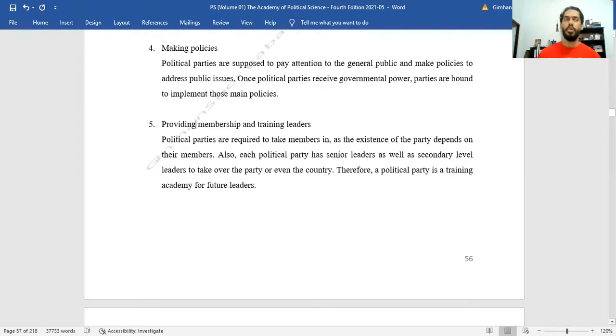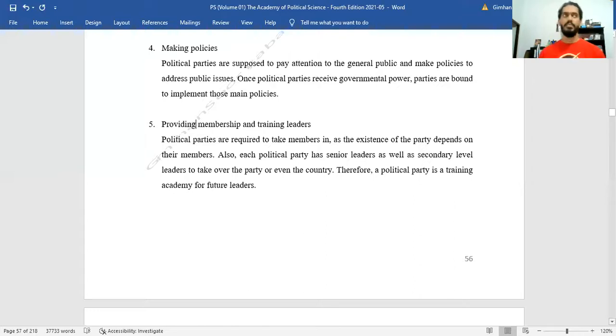So if you want to get more votes from people, you better listen to people, check what they want, and make policies accordingly. So when people look at it, they'll be like, okay, these guys seem to have good policies. That means if these guys have the government, they'll do a good job. Okay, understand? So then providing membership and taking leaders.